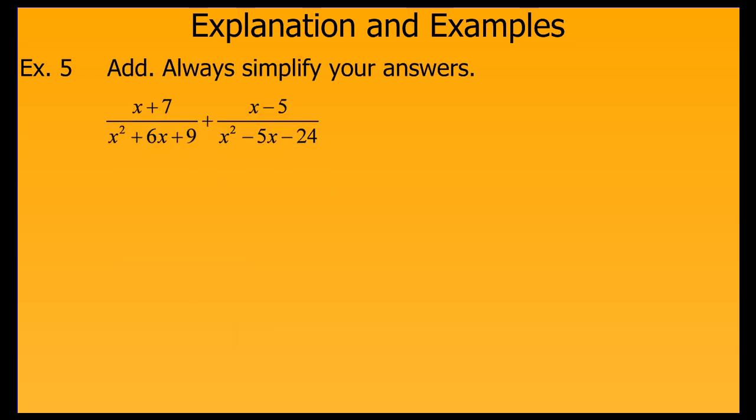Let's try another example, this one with trinomials in the denominator. Before we try to get a common denominator, let's factor those denominators. For the first fraction, we get the quantity x plus 3 times the quantity x plus 3. And for the second fraction, we factor into the quantity x minus 8 times the quantity x plus 3. At this point, we should notice that those two denominators have one factor in common, the quantity x plus 3.